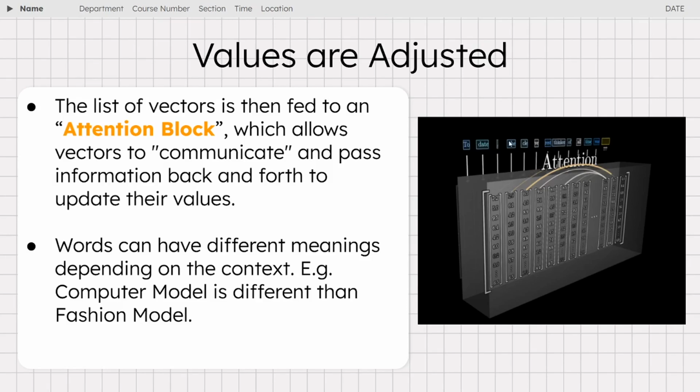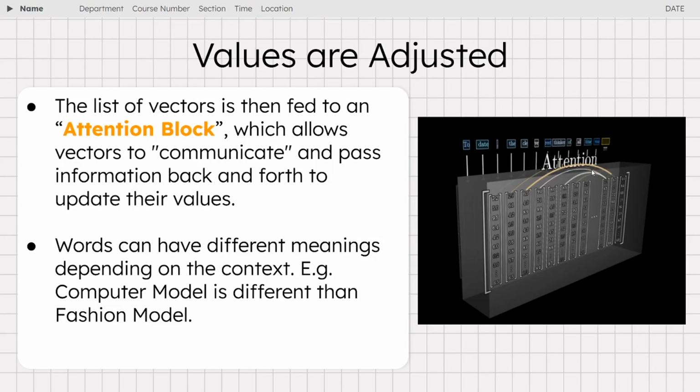Each of these words will change the meaning depending on what the other words mean. For example, a computer model is different than a fashion model. Even though they're both models, the first word changes their meaning. So if there's a word that could influence another word, they pass the information and update the values to reflect that.